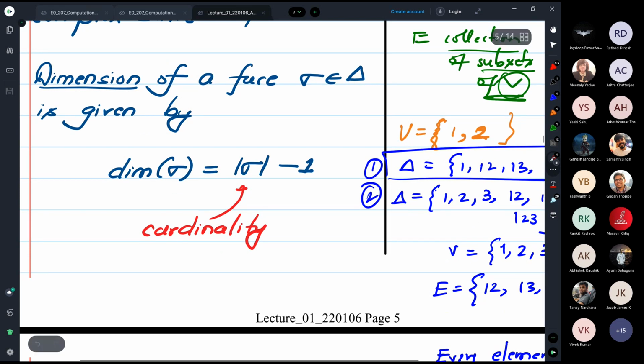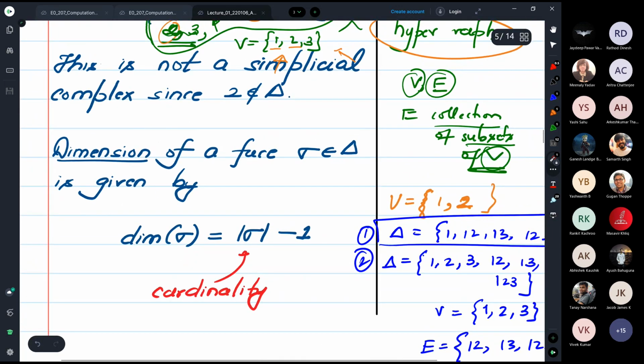One of the important things is in relation to the subsets of delta. Henceforth, we will refer to the elements of delta, the subsets in delta, as faces. This is something you may want to keep in mind.